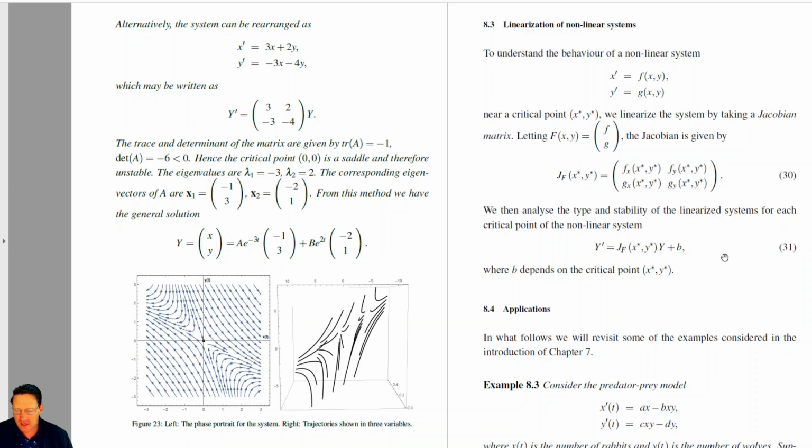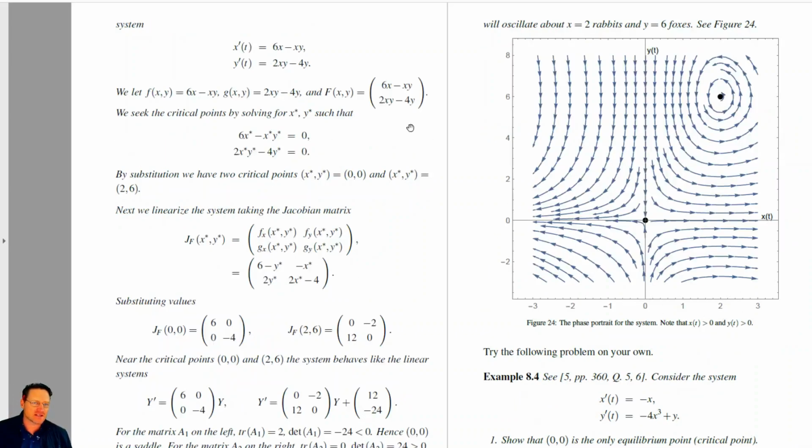Suppose we have constants a is 6, b is 1, c is 2, and d is 4. Then we have the nonlinear system: x dash is 6x minus xy, and y dash is 2xy minus 4y. So we'll let lowercase f be the top right-hand side, and lowercase g be the bottom right-hand side. And then we have the vector uppercase F, the collection of the two of those, f followed by g.